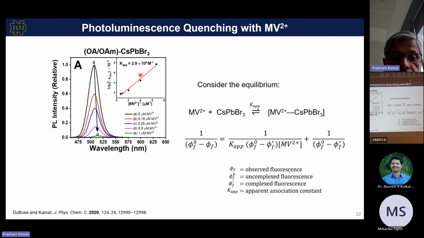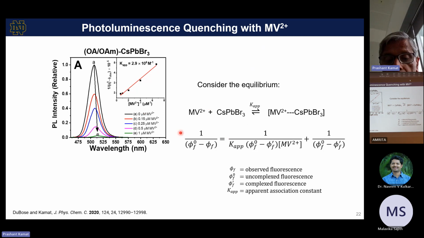One of the things, the first thing we do, is take an emission spectrum. I told you that cesium lead bromide, for example, gives a bright green emission, and that's around 510, 520 nanometers. And when you add this viologen in very low concentrations, even micromolar, you can see a complete quenching of this emission. That means we are losing those electrons to viologen.